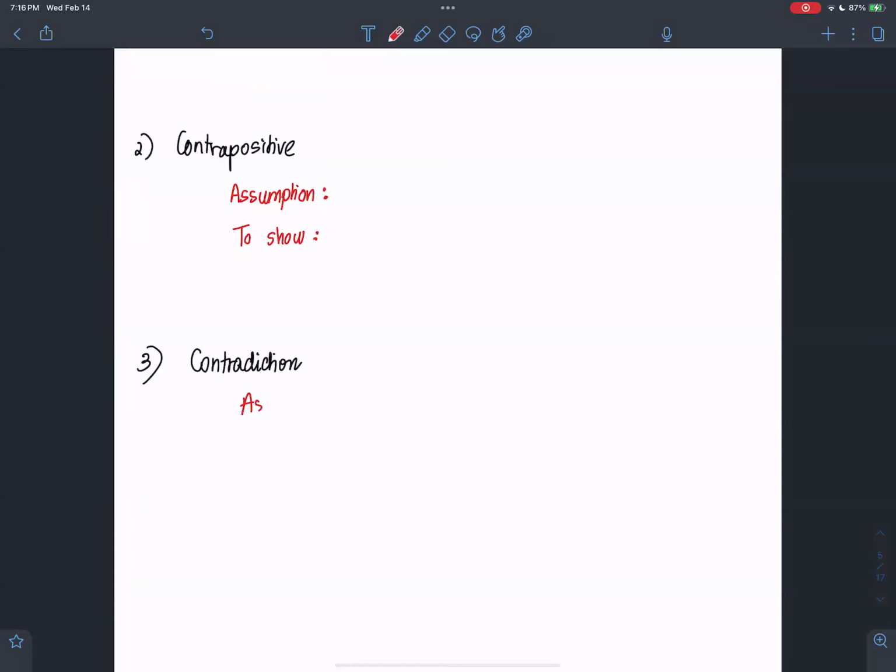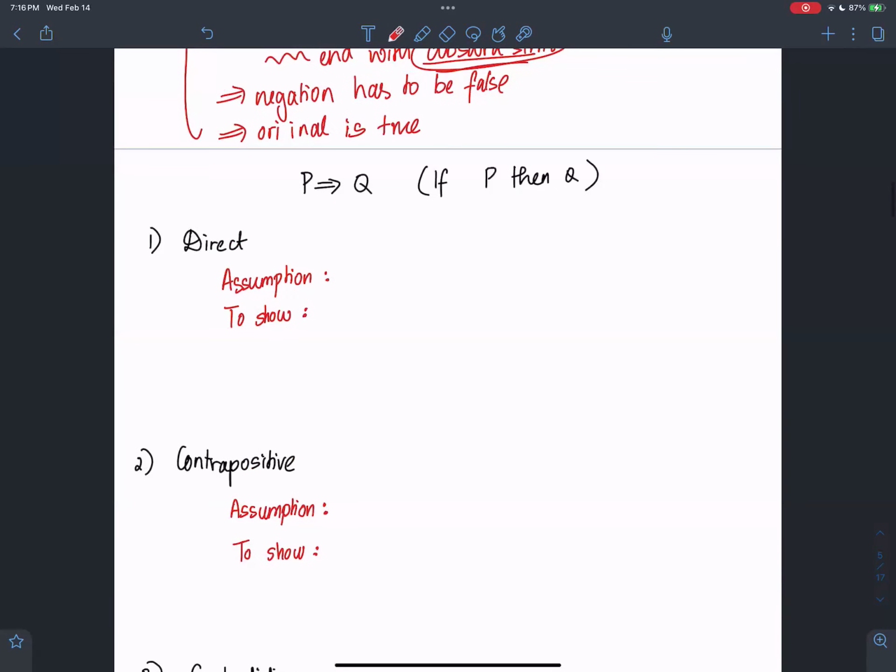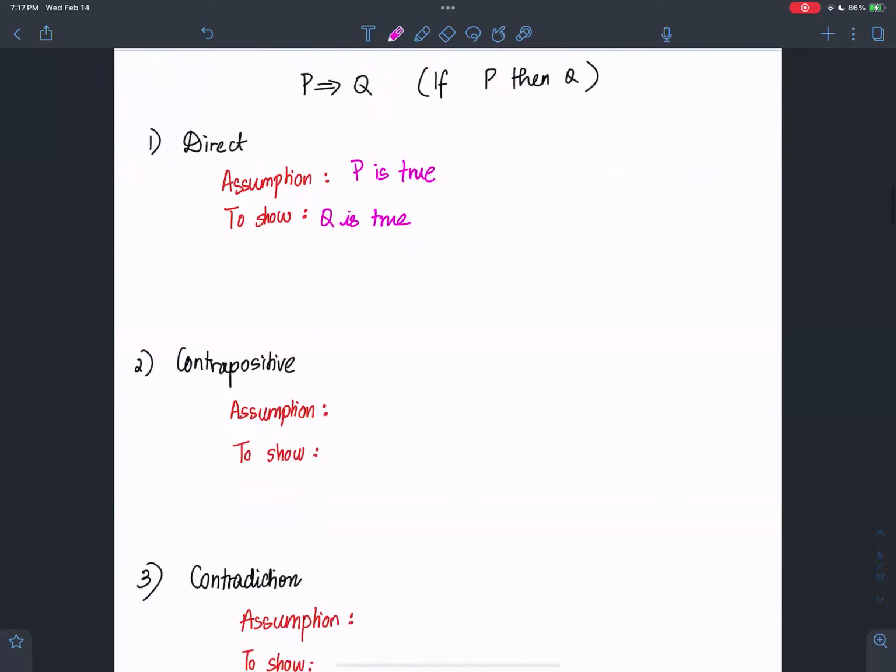I want you to say, what do you assume in a direct proof? Exactly. And the reason I'm really asking you all is because we talked about this. You already did a quiz which had this direct proof asked: if A is a subset, blah, blah, blah, then prove this. That's basically this. So you assume P is true, show Q is true.